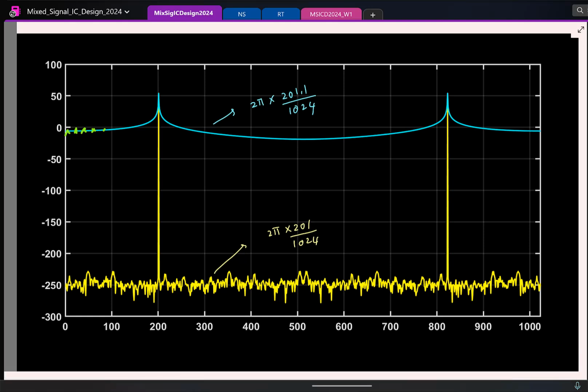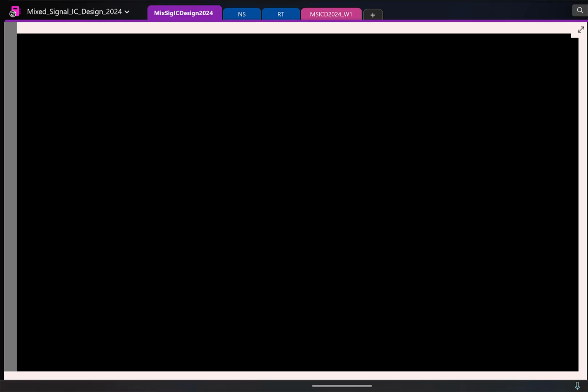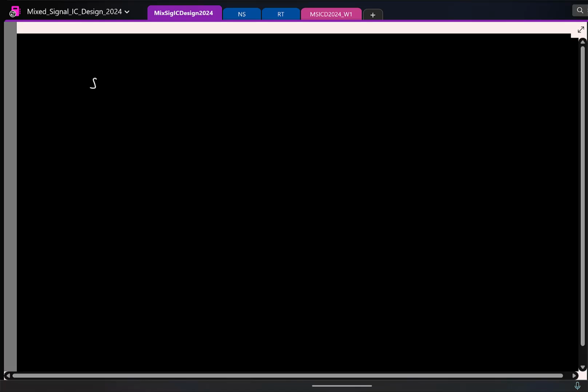Okay. So bottom line, when you are testing your circuit, it is always important to make sure the signal falls on a bin, that is your sinusoid falls on a bin, which means the discrete time frequency must be a multiple of your DFT bin width. So bin width is 2 pi by n for an n-point DFT.